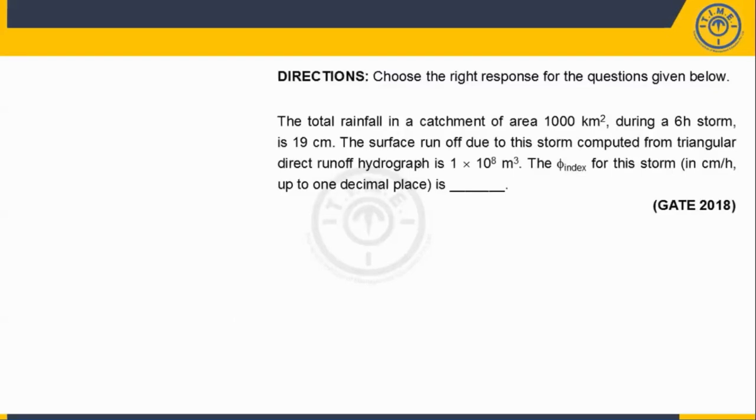Let's do this. The total rainfall in a catchment of area 1000 kilometer square during a 6-hour storm is 19 centimeter.